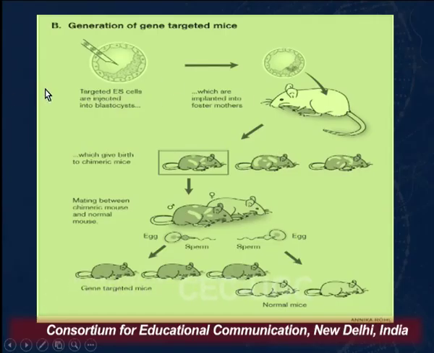The engineered stem cells can be introduced back into the blastocyst, and then this can be put into a surrogate mother. So, this blastocyst can then be implanted into the surrogate mother, which will give rise to the chimeric mice.